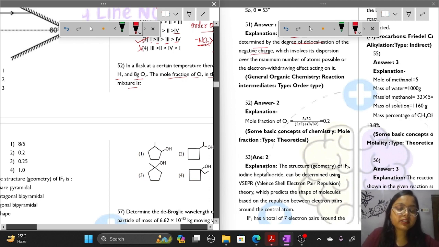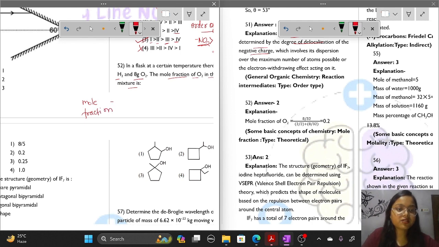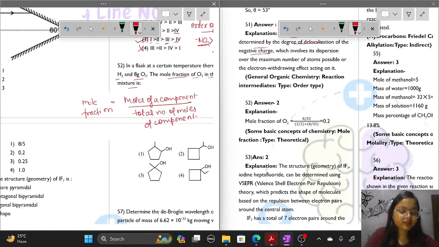So we know the formula for mole fraction. The mole fraction of any component is the moles of that component divided by the total number of moles of all components. So we have to find the mole fraction of O2.